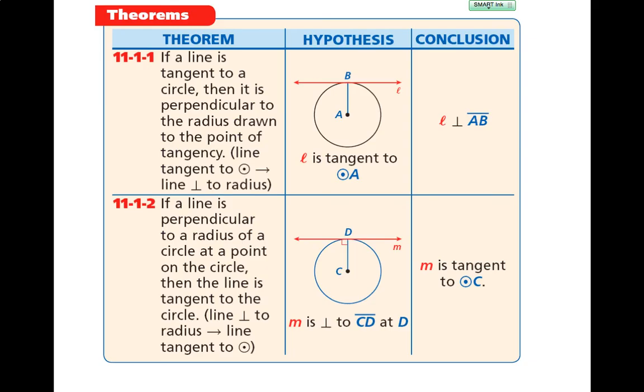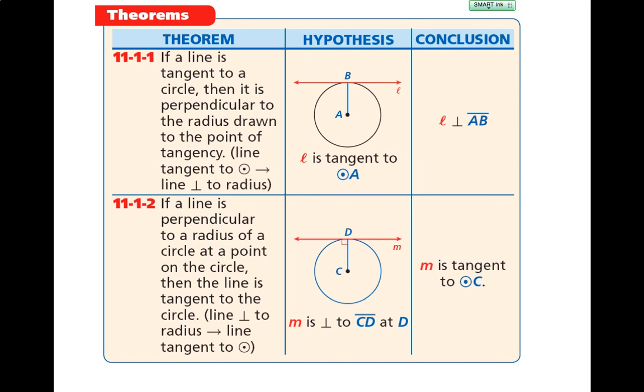So I think there's 3 total theorems if you go back to your notes. The first 2 sound like converses of each other. It's whether you know it's a tangent or perpendicular to begin with.